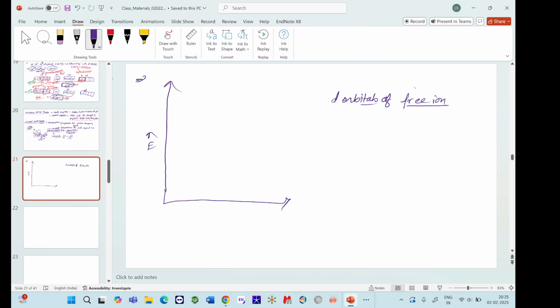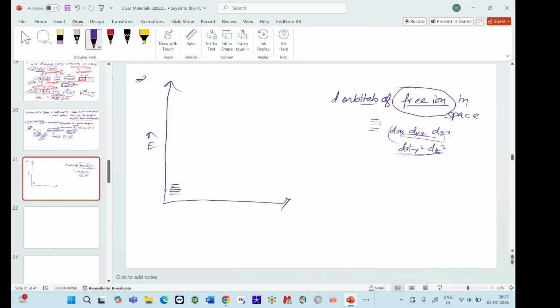Free ion means it does not feel any repulsion, nothing. Okay, free ion in space. You have 5 d orbitals, right? dxy, dyz, dzx, and then dx square minus y square, dz square. All of the d orbitals will be of the same energy. So this is the free ion energy level.